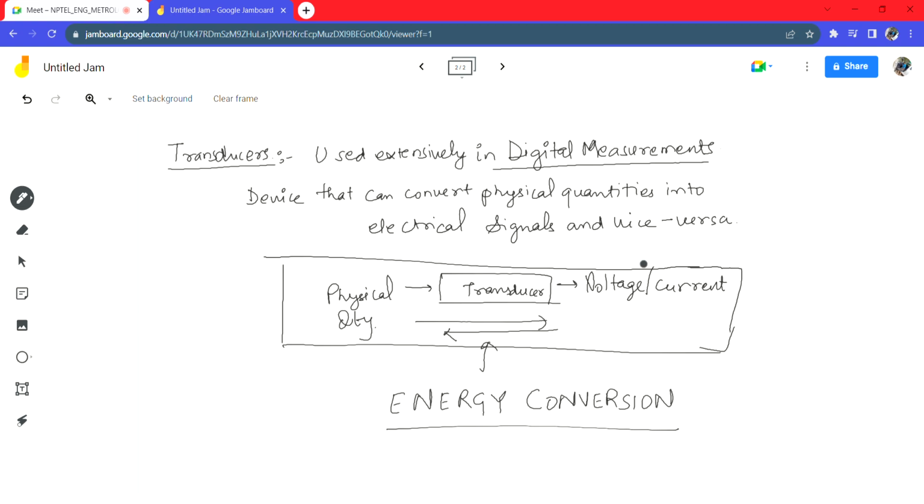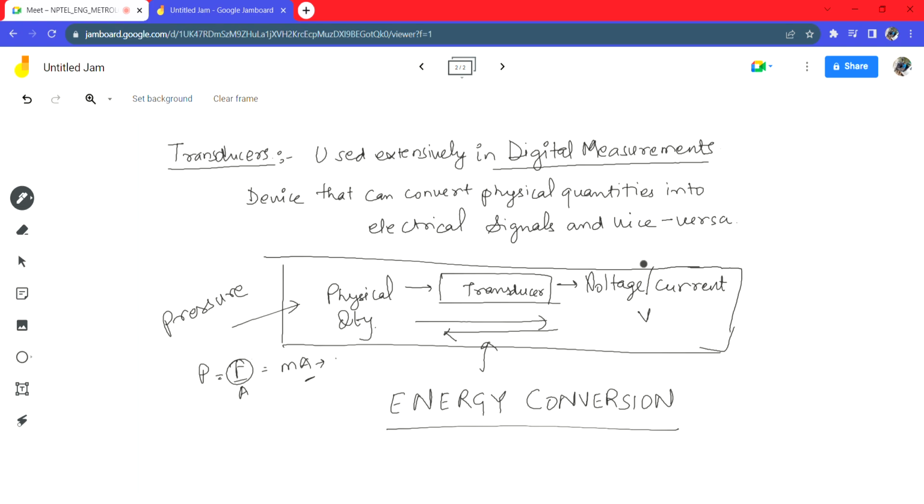Right, if we have here say pressure, and pressure is converted into a voltage, then we are typically converting force, or say pressure is nothing but force per unit area. So this is force, and this force is mass into acceleration as per Newton's law, and this acceleration is again a double derivative of position, or a derivative of speed or velocity.